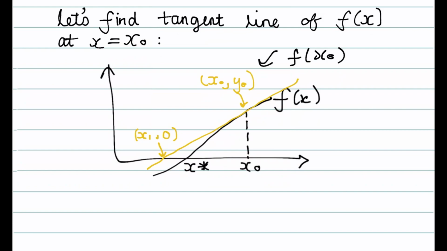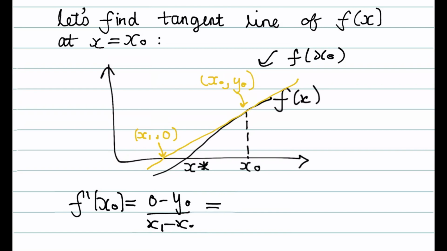Now suppose we want to find the tangent line of f(x) at this approximation x naught. Well, we can do that by finding the gradient between this x naught and the x-intercept of our new tangent line. So our gradient at x naught will be equal to our change in y over change in x, so it will be 0 minus y naught over x1 minus x naught.